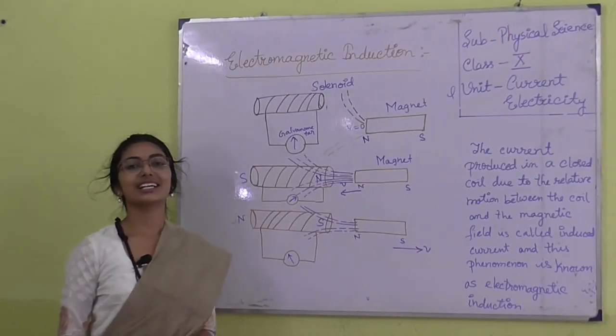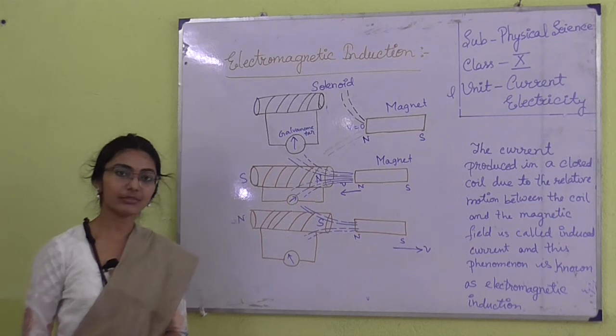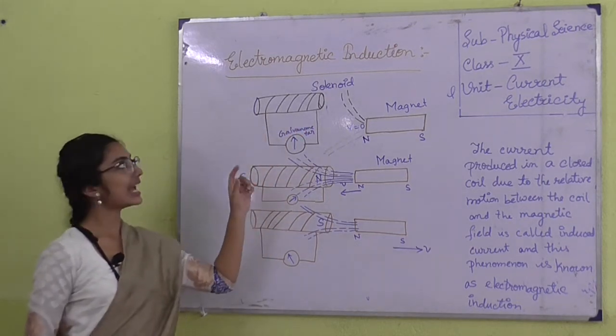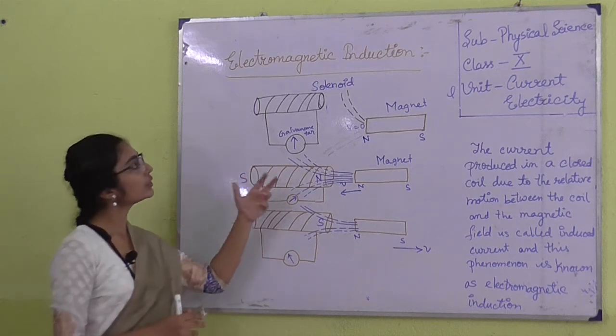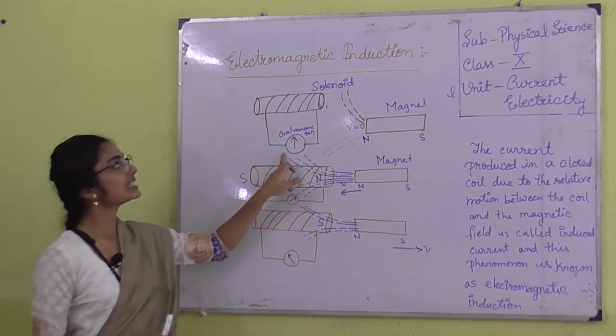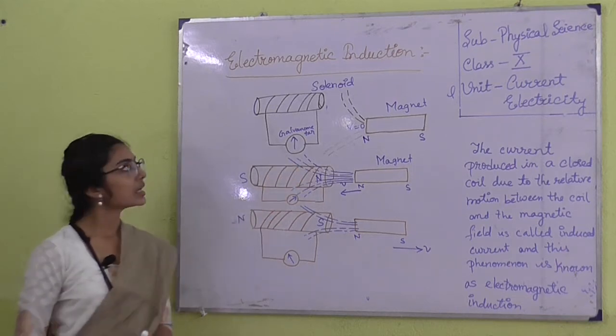Now we are going to discuss electromagnetic induction, a marvelous experiment by Michael Faraday. We have taken a solenoid, a cylinder-type substance, with insulated copper wire spirally wound over it. A galvanometer is present here, which can detect the presence of current in the circuit.